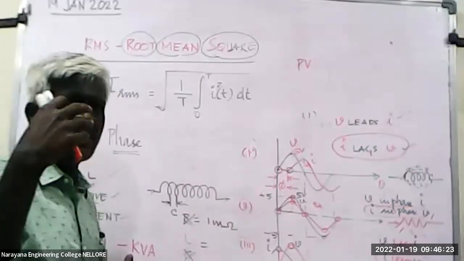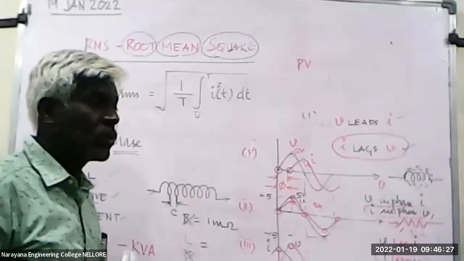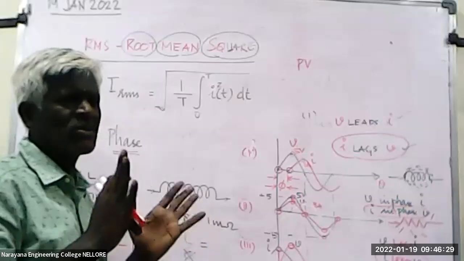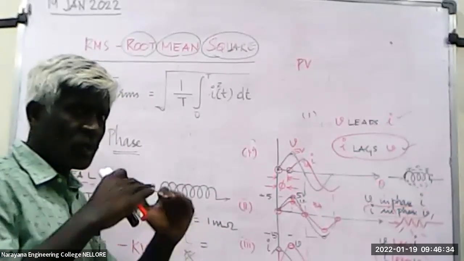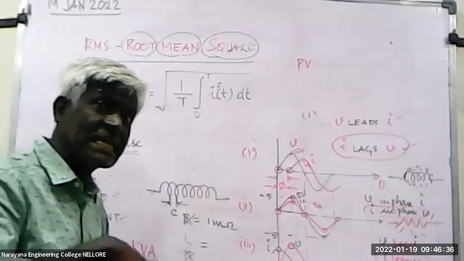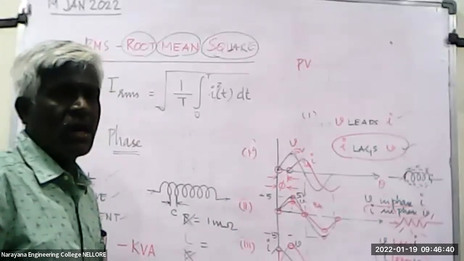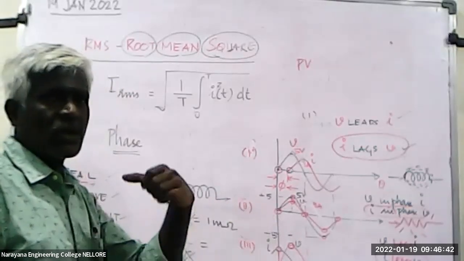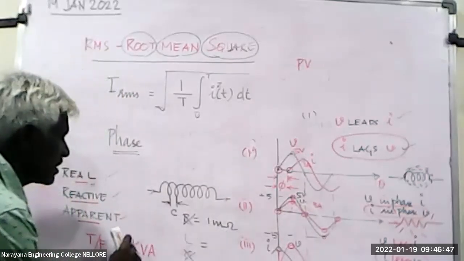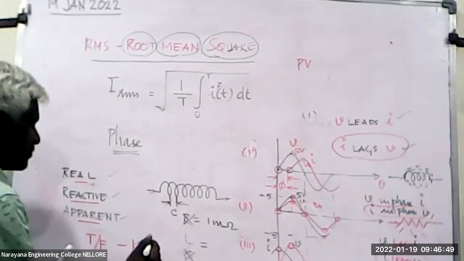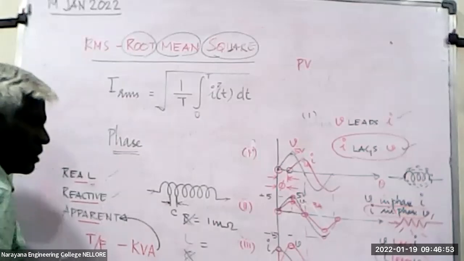One house differs from the other house load. One house may be a more inductive load, another may be more capacitive. You don't know the power factor. You don't know how inductive their load is. You don't know whether they are unity power factor load, lagging power factor load or leading power factor load, so you mention the rating in kVA. So apparent power is always mentioned in kVA.